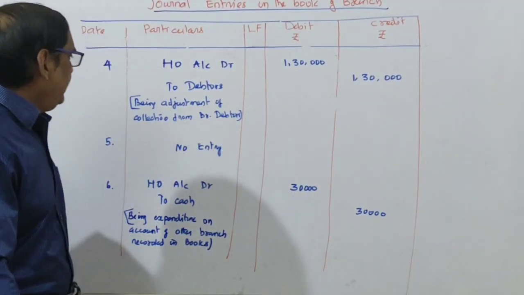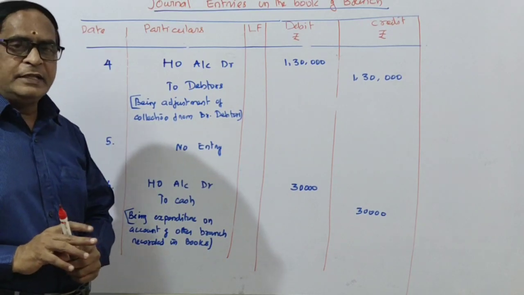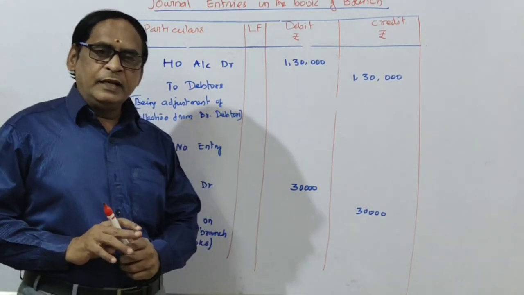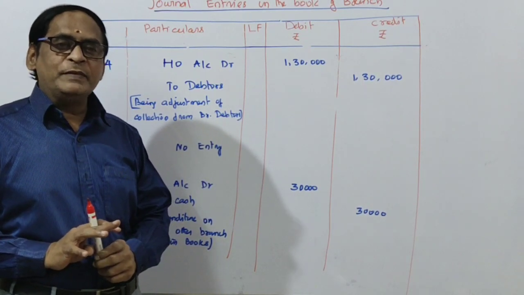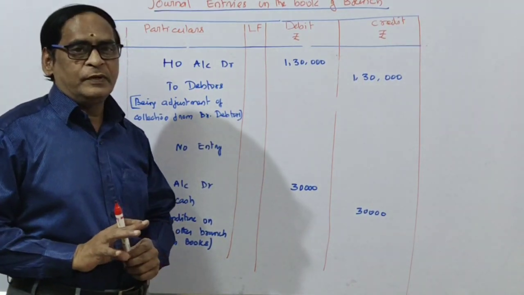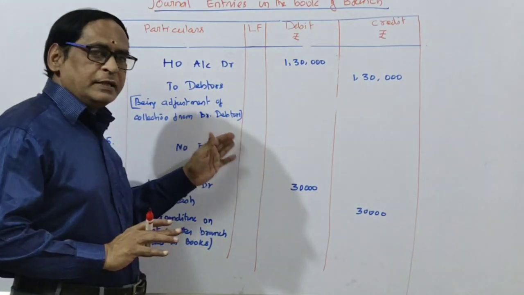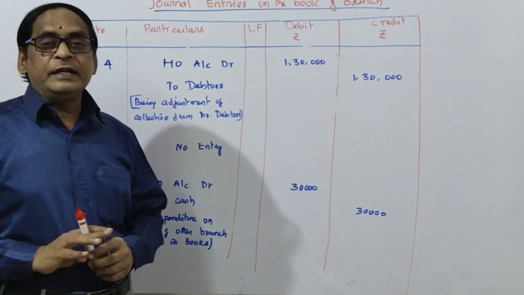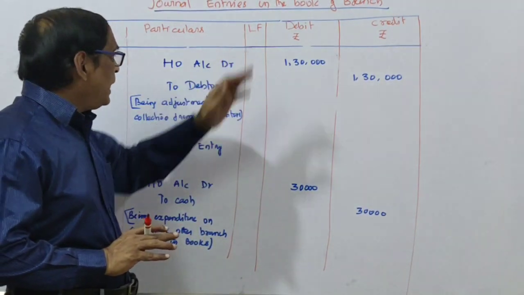Okay. Next entry, the collections from sundry debtors. As far as the branch is concerned, if there is a credit sale, the amount has to be collected only from the sundry debtors by the branch. But instead, the head office collected the amount from the sundry debtors. So what will be the journal entry in the books of branch?